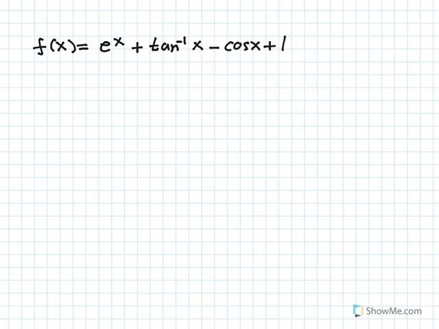So what we have here is f of x is equal to e to the x plus tan minus 1 x minus cos x plus 1. Let's now verify our solution. Let's take the derivative.